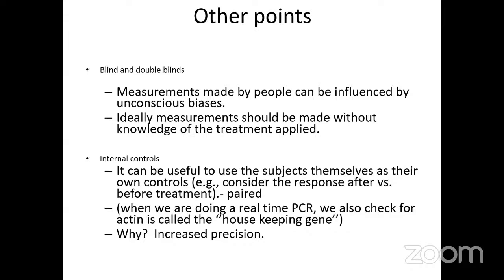So the doctor also should not know whom he is giving to. The doctor should not know whether he is giving a placebo or a drug to a patient. The patient also will not know whether he is getting a placebo or a drug, and that is called double blind. In most clinical trials, they always follow the double blind approach. That means the doctor will not know whether he is giving a real drug or a sugar-coated placebo, and the patient also will not know.